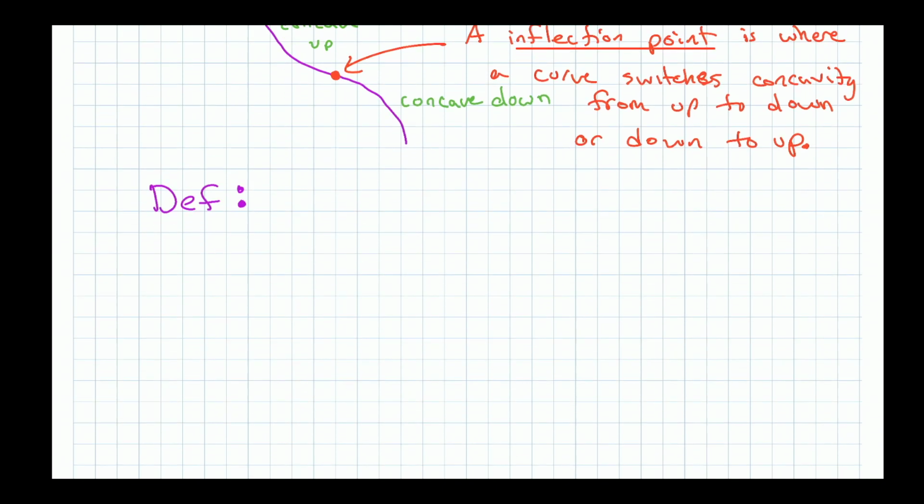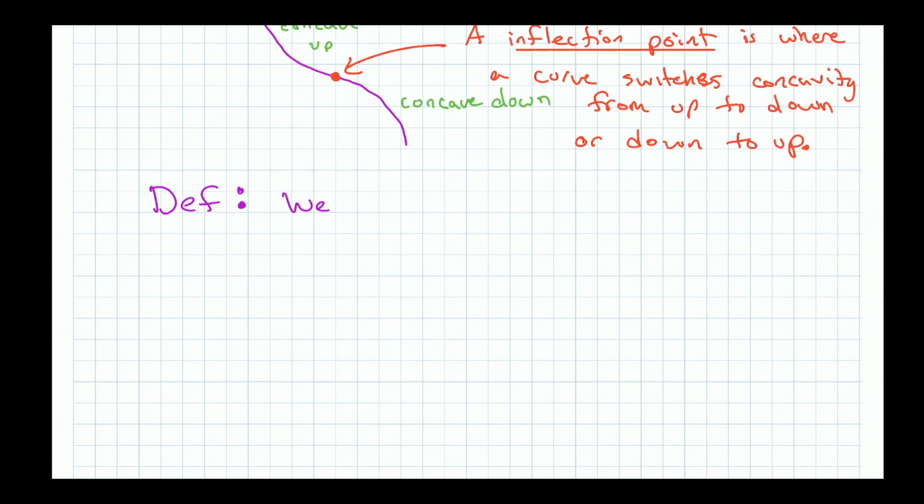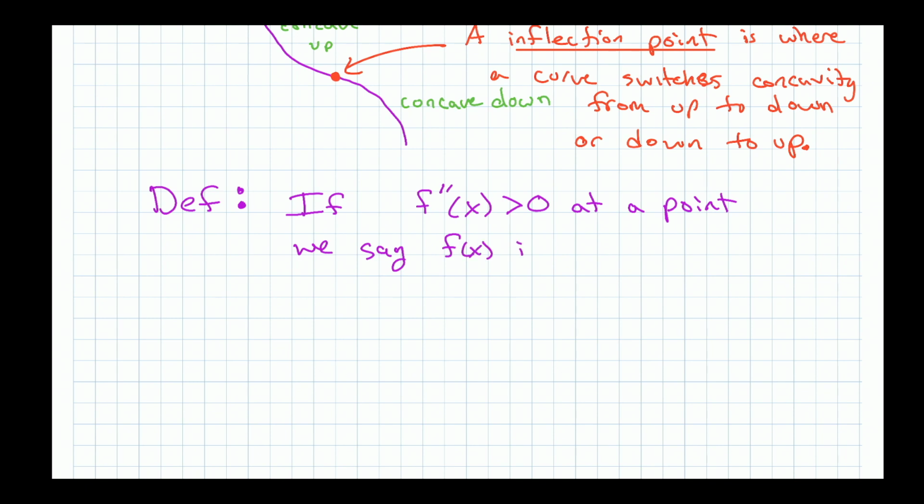It will be this. If f double prime of x is positive at a point, we say f is concave up at that point.